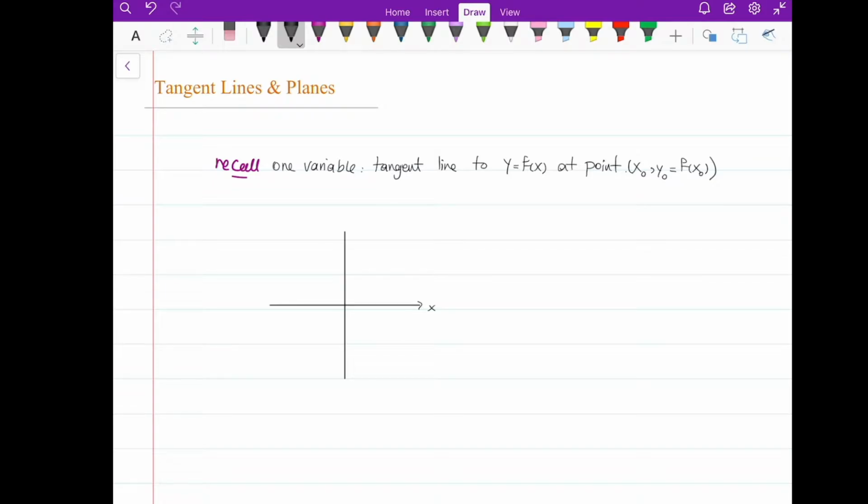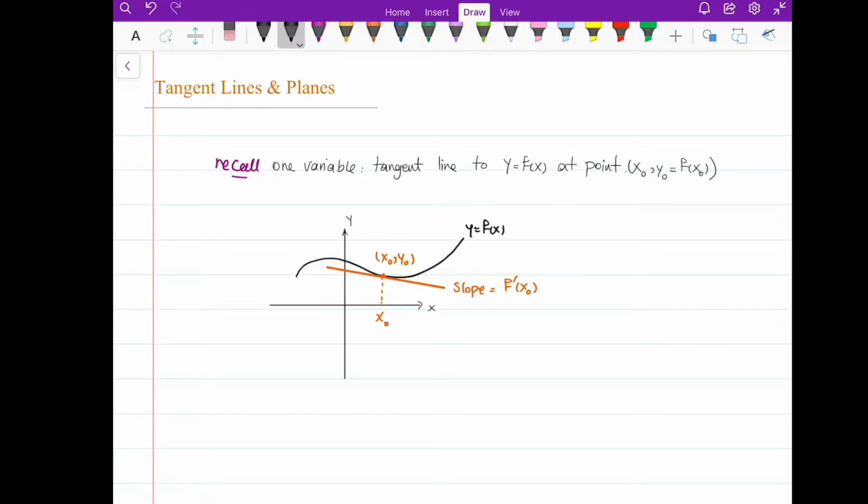I have x-axis, y-axis, and I have y equals f of x. At the point x naught and y naught, I have a tangent line, and the slope of this line is the derivative of the function at the point x naught.